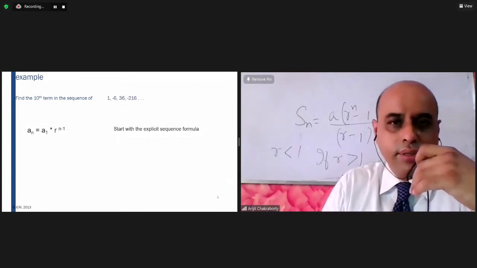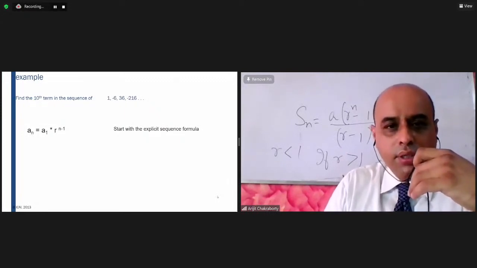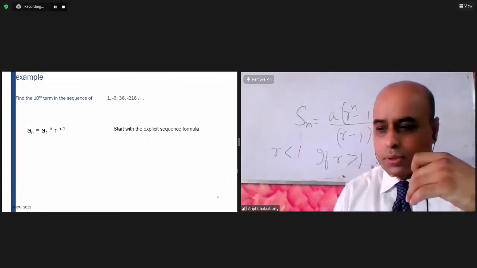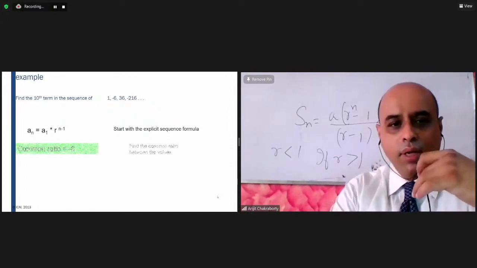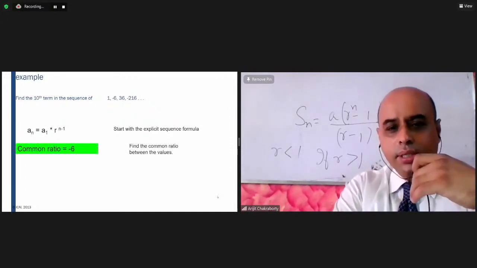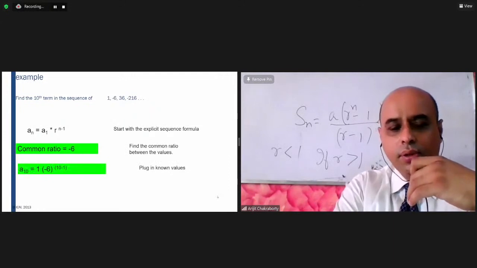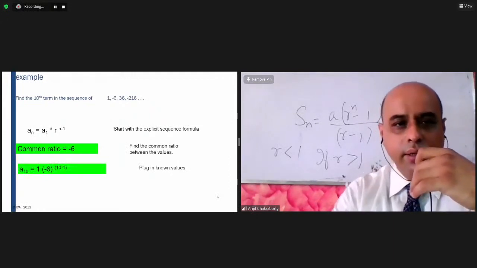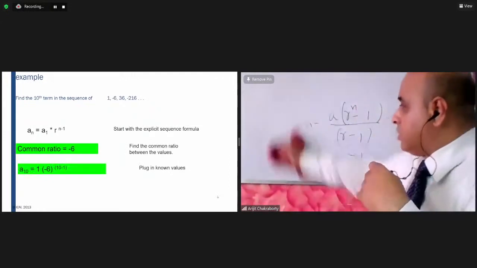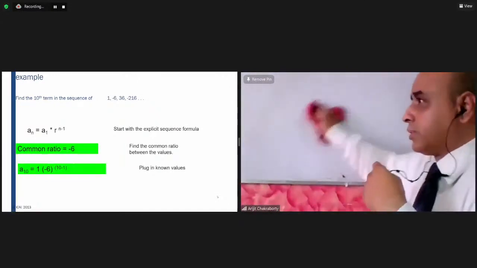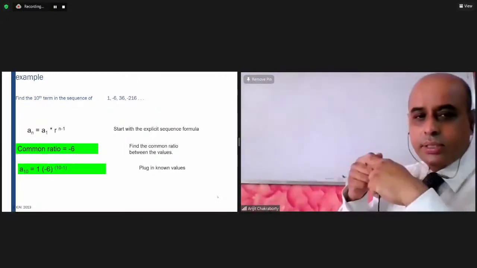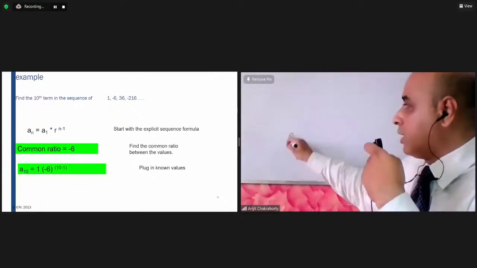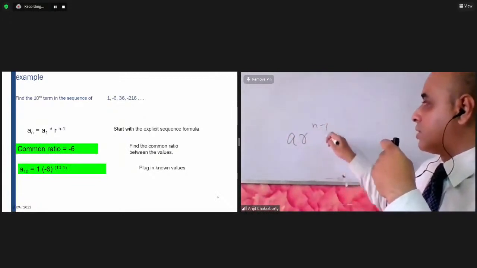Here you can see the first term is 1, and the common ratio is minus 6. So just by applying the formula, the 10th term A10 is calculated like this. The formula is A R to the power n minus 1.